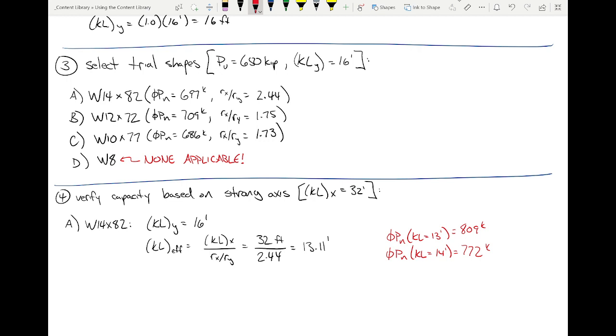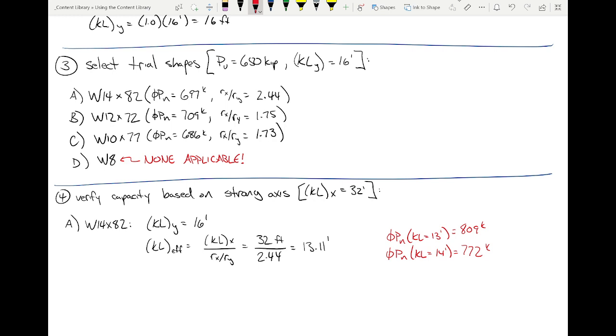So would you agree that the capacity according to this value is going to be somewhere in between? How would I determine that capacity? Interpolation. Now, before you all start chugging ahead with your calculators, I ask you, is it necessary? You're shaking your head no. Why?